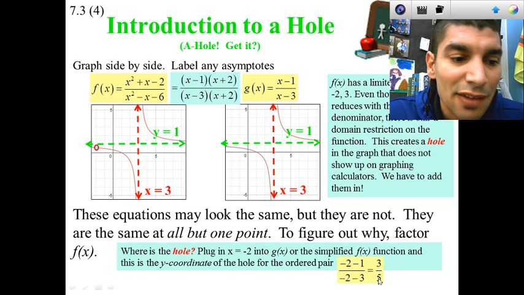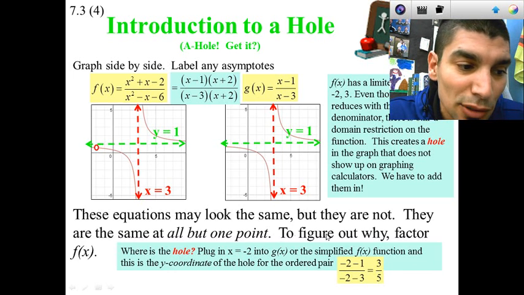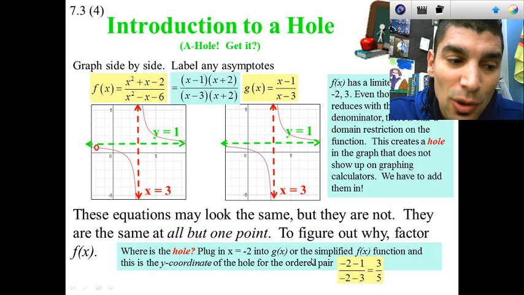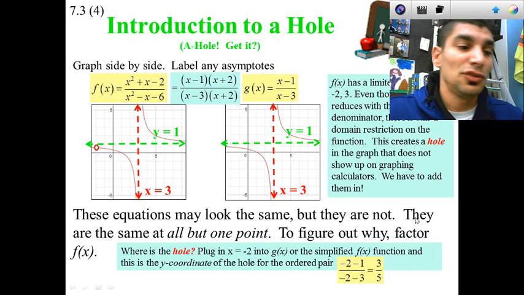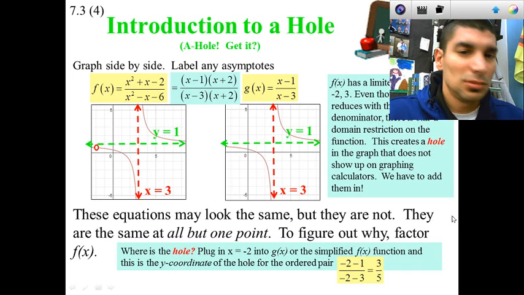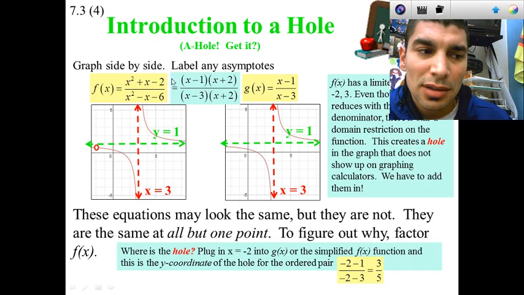How did I find the hole? Review real quick. I factor. After I factor, I look to see if anything can reduce. If it can, that creates a hole. Over here, is there still going to be a vertical asymptote at x equals 3?